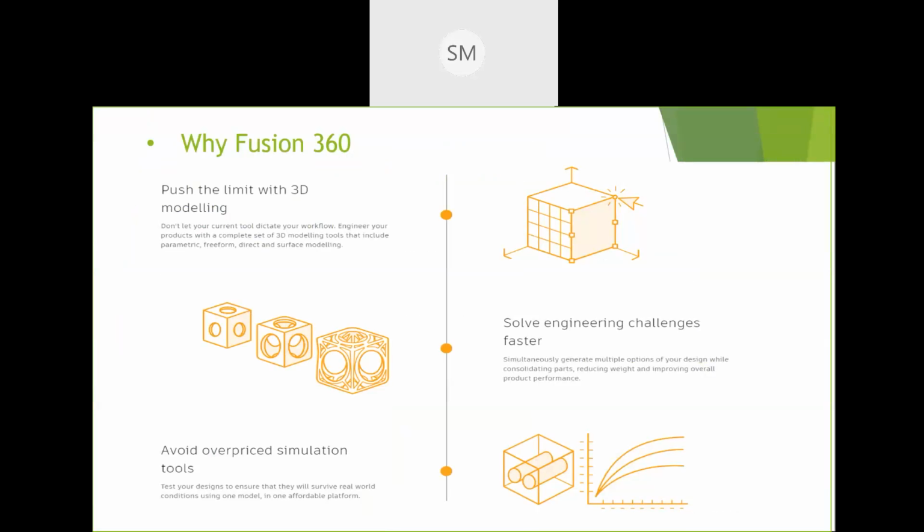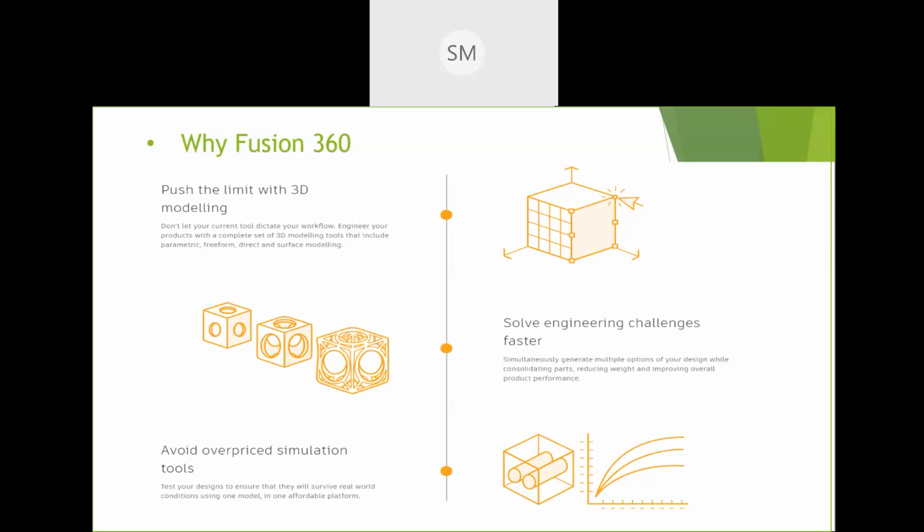Solve engineering challenges faster. Simulations, manufacturing and animations are all in itself, and you can do it faster than other softwares, and it is user friendly. I think it is the best software for beginners to learn design.